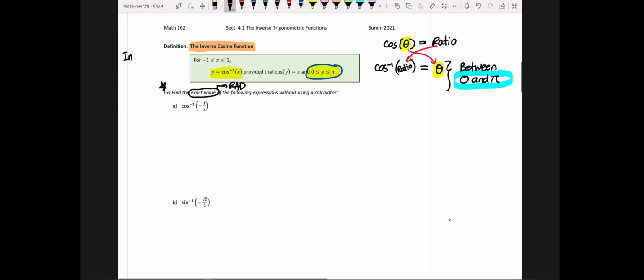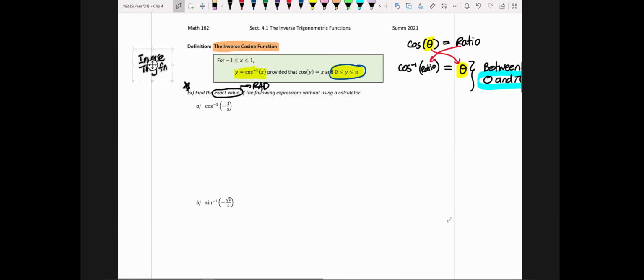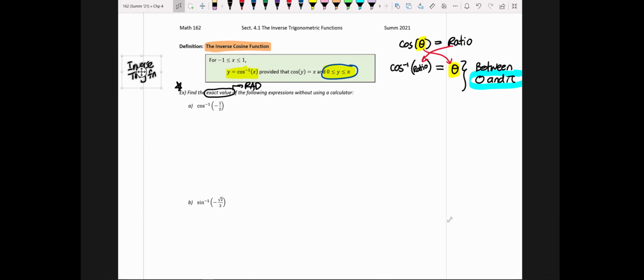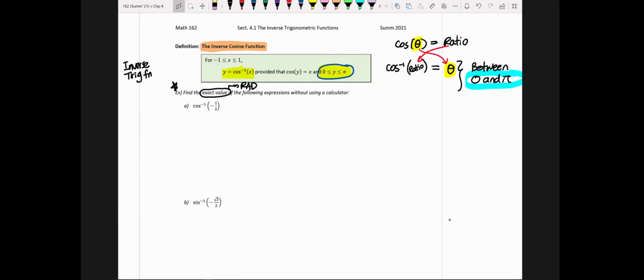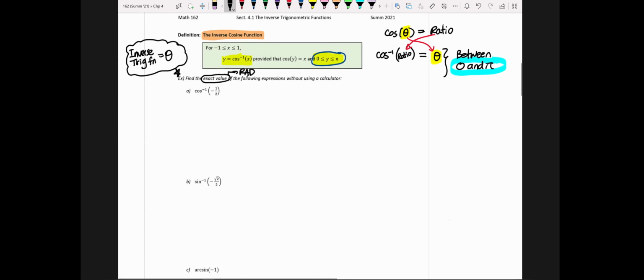When you're asked to find the inverse trig function, you're going to set that equal to theta, remember, because the trig function is equal to a ratio. When you switch the inputs and outputs, the inverse trig function is an angle measure. So we can use theta to represent the angle measure.